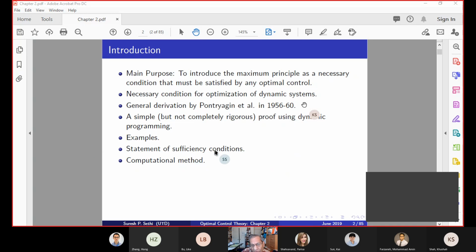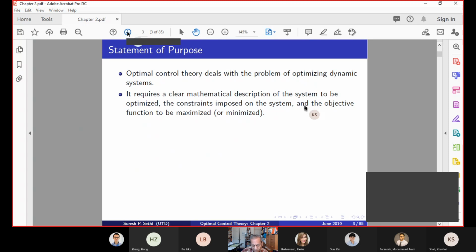So I basically took the chapter out. So this book basically does not do computation except the Excel. Simple control problems can be solved by Excel, and you will see 1 or 2 examples done this way.